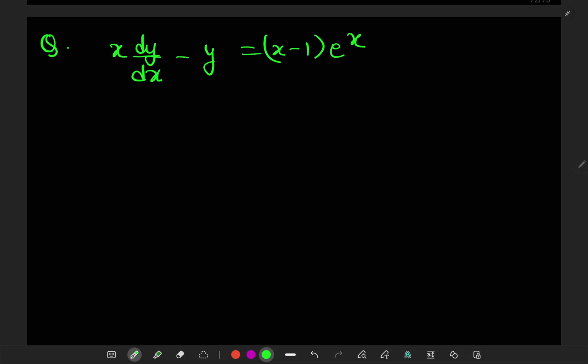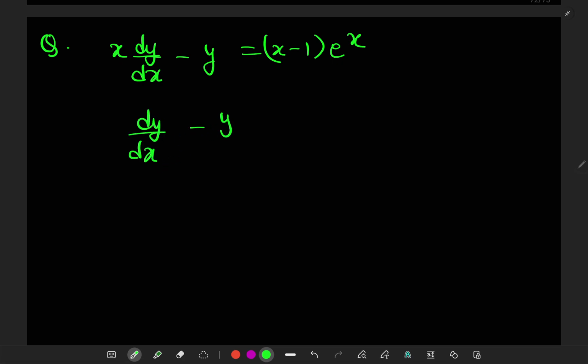Let's do some questions. In this question we need to find the solution. This is a first order linear differential equation. In this form, it does not look like our linear differential form, so we convert this equation into linear differential equation form.